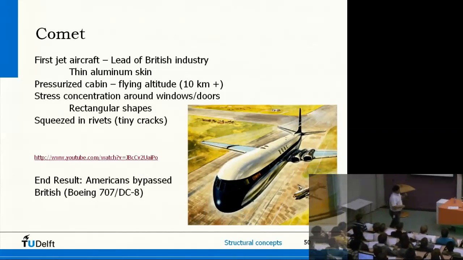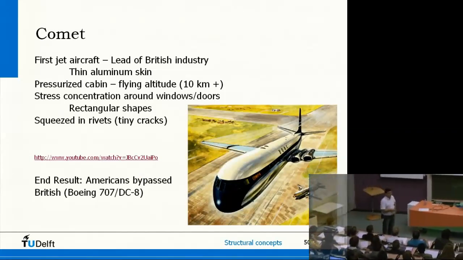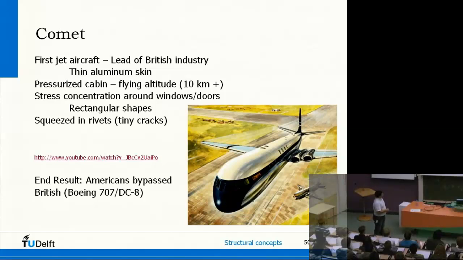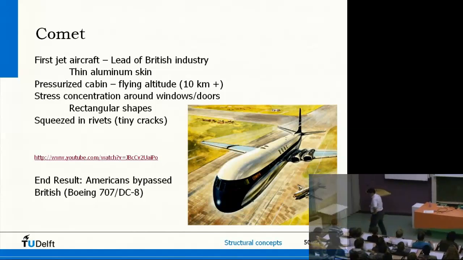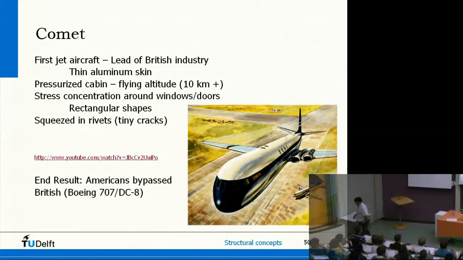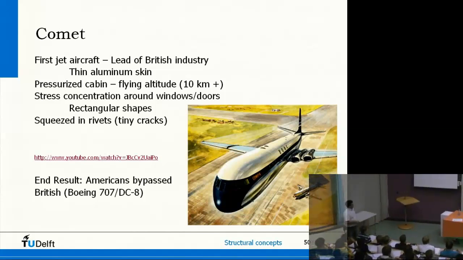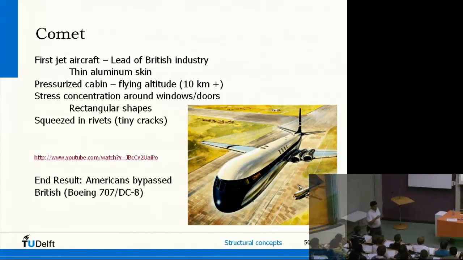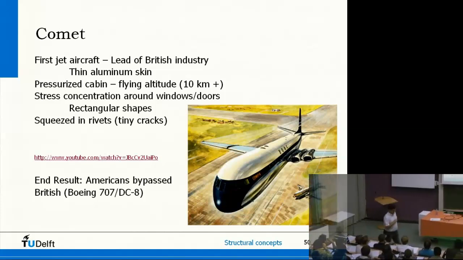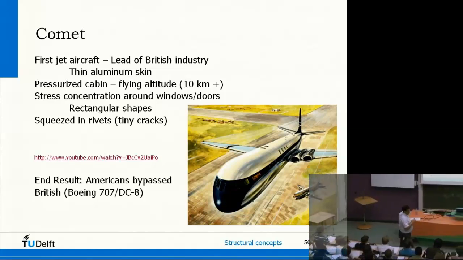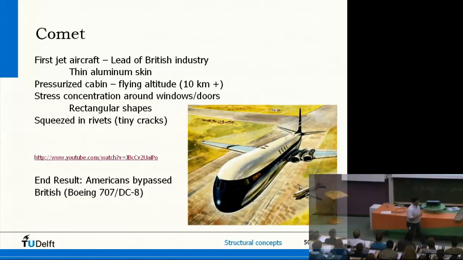Again, there are a lot of videos to be watched on YouTube. This aircraft was one of the first jet aircraft. It was designed just after the Second World War, and at that time the British industry was ahead of the Americans. They were much faster in developing these jet engines than the Americans.